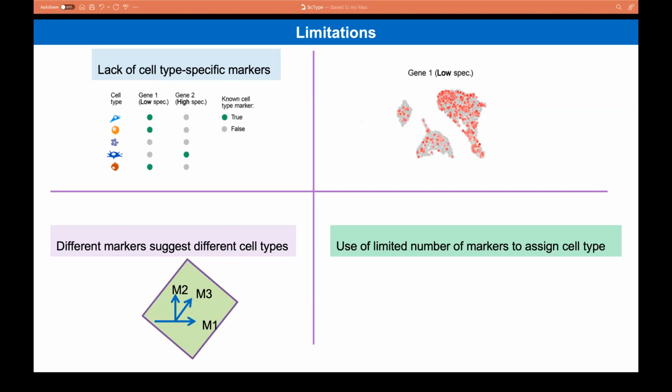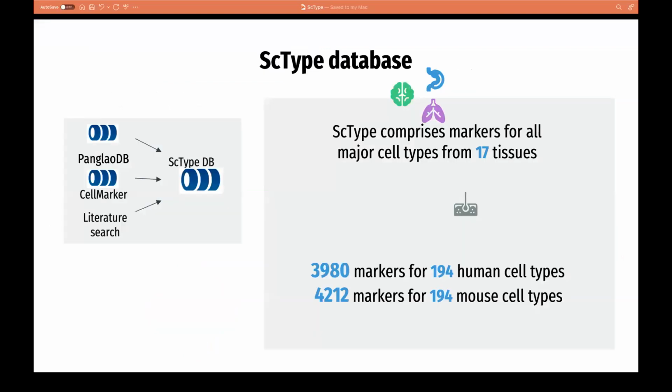characterize the cell types. So to take into account these limitations, we started in 2018, which was quite long back, and we started accumulating the databases that were available then.